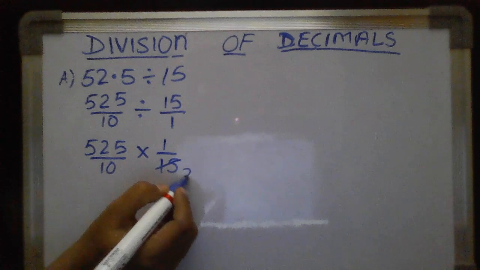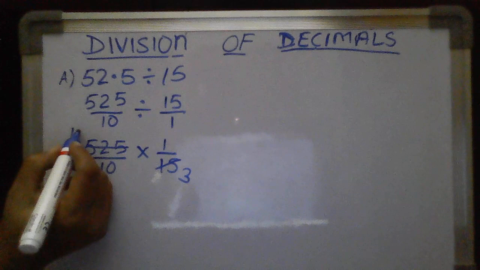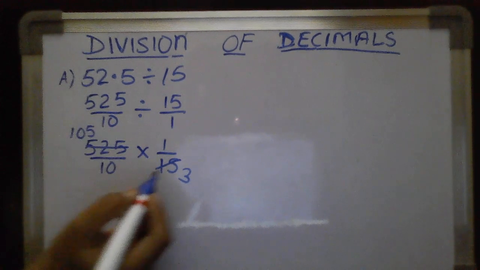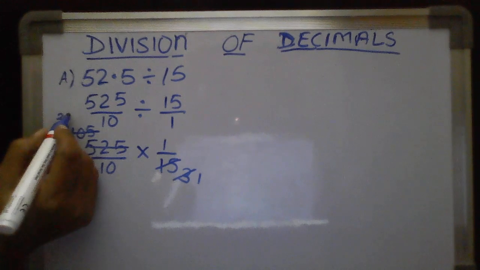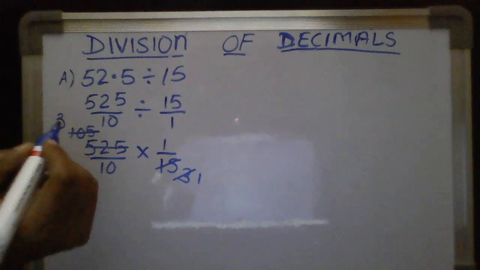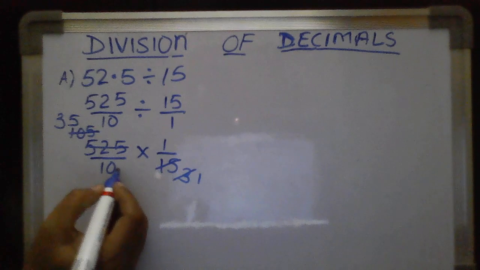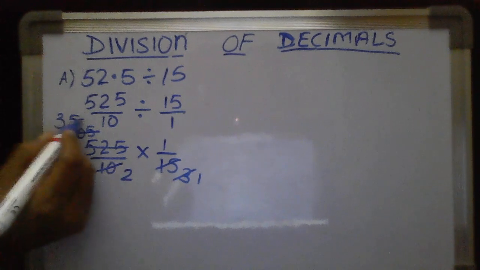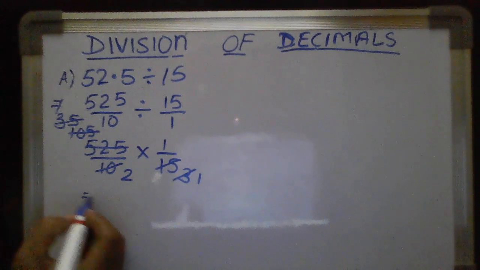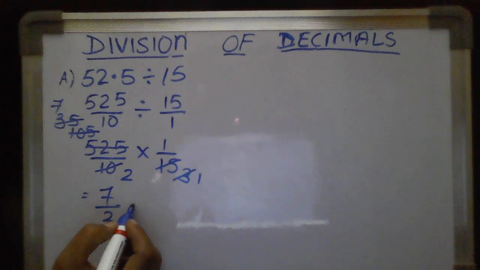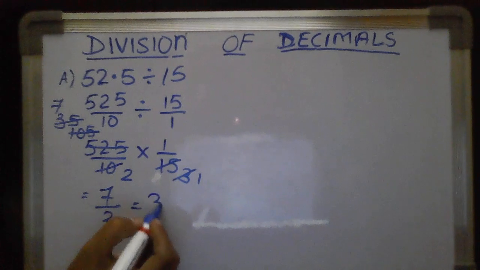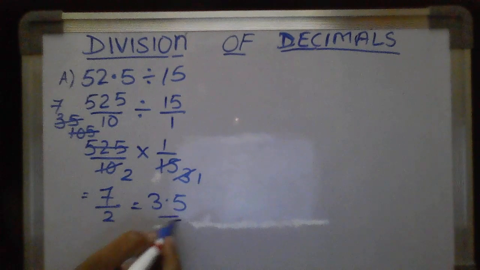So 5 goes 3 times here. 5 ones are 5, 5 zeros are 0, 5 fives are 25. 3 goes 1 time. 3 threes are 9. 3 fives are 15. 5 2 times and 5 7 times. So you get the answer as 7 by 2, which can also be written as 3.5.